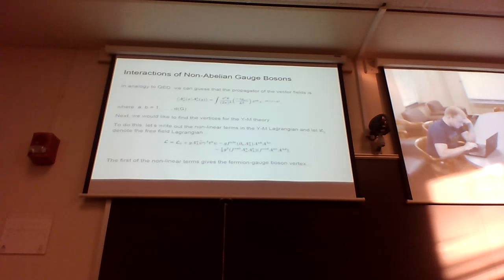An analogy, okay, so this is where things get hairy. When you go to compute the propagator of a non-abelian gauge boson, some things can go awry very quickly. So what we're going to do is just guess at the form of the vector gauge boson propagator.